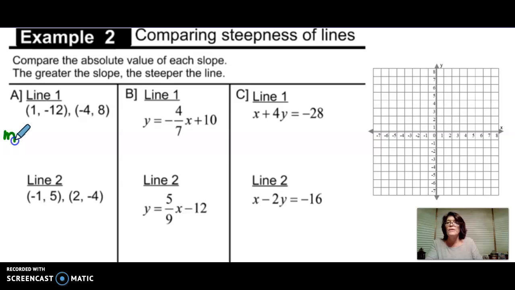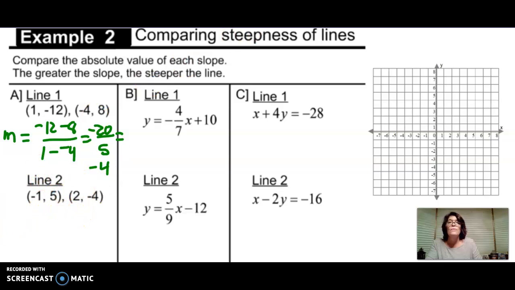Let's find the slope of this one. I'll take -12 minus 8 over 1 minus -4. Maybe you did 8 minus -12 and -4 minus 1. Either way, we're going to get the same answer. I get -20 over 5, which is -4.